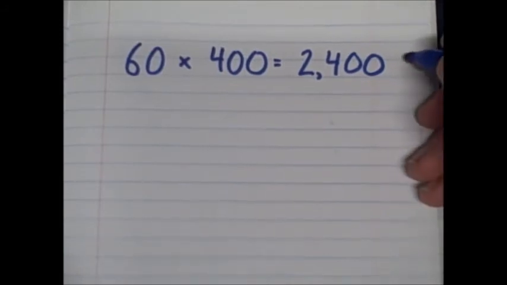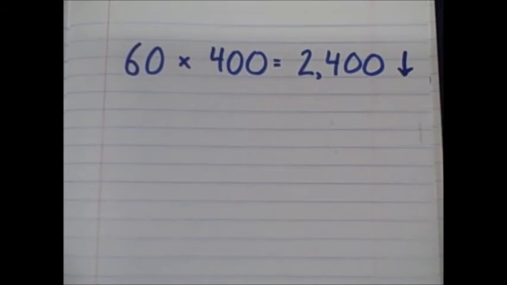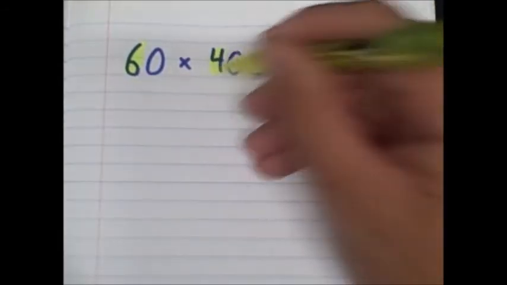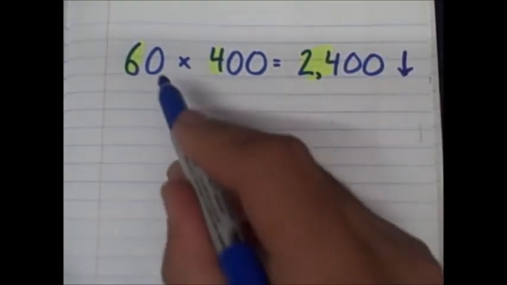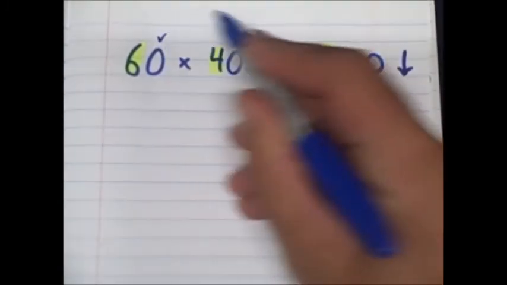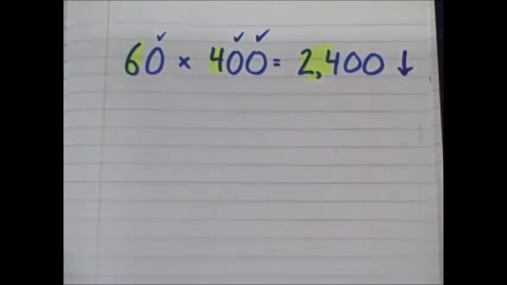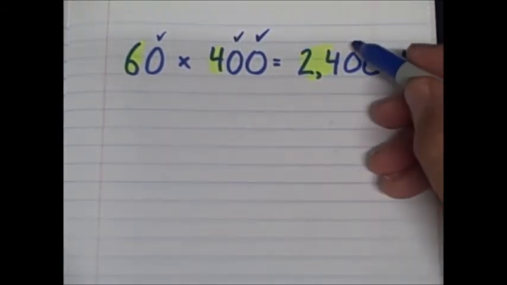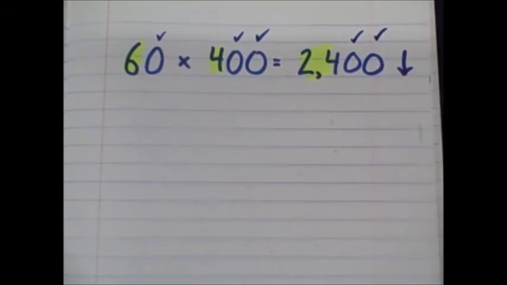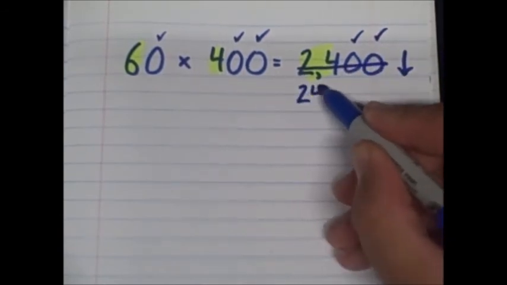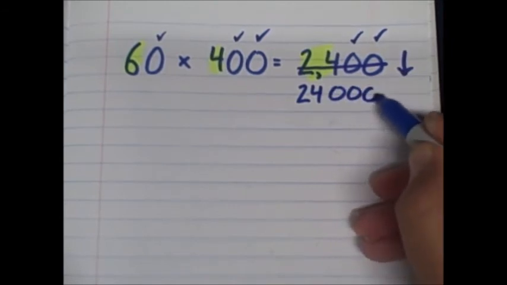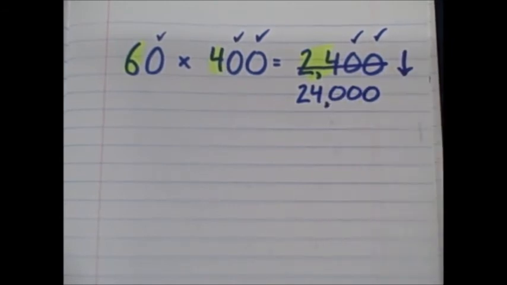This answer is wrong. If you look at the basic fact, 6 times 4 equals 24. On the left, I have 1, 2, 3 zeros, but on the right, I only have 2 zeros. The correct answer should be 24,000, where I have my 3 zeros.